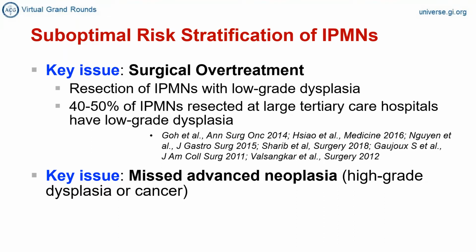All the hospitals have tumor board meetings and they come to a decision as to when we have to resect the pancreatic cyst. But this is data from the last 10 to 15 years. Still, to date, 40 to 50% of resected IPMNs have low-grade dysplasia. That's one end of the spectrum. At the other end of the spectrum, with suboptimal diagnostics, you could potentially miss a lesion that would otherwise progress to adenocarcinoma.